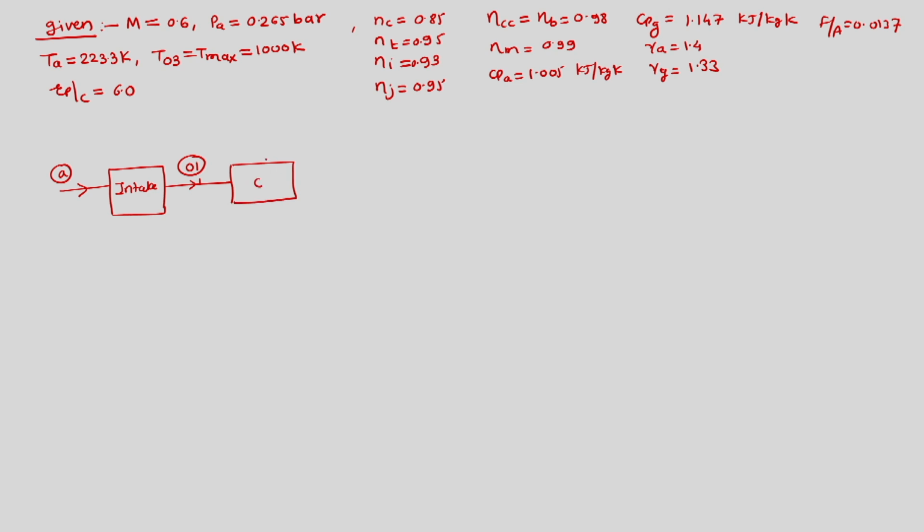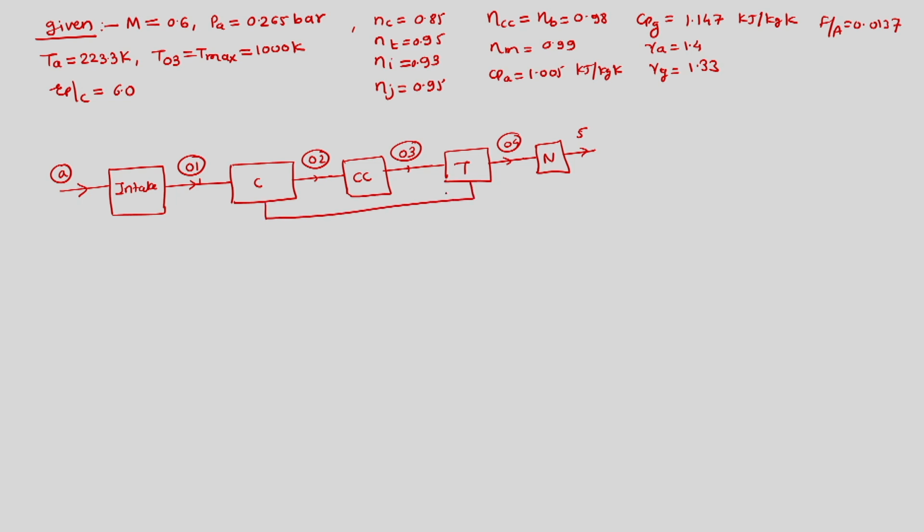At 01 it will go into the compressor, it will come out as 02, then it will go to the combustion chamber, then it will come out at 03, then it will go to the turbine, and then it is 04, then it will go to the nozzle, and it is 5. Exit is static condition, it is 5, but the turbine is connected to the compressor, so that there is net work out to be 0. So let us first start solving from the intake.